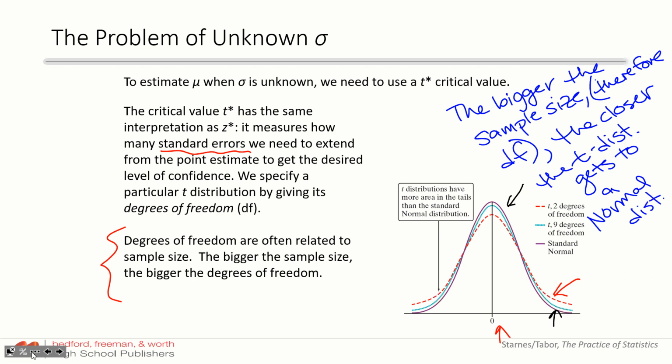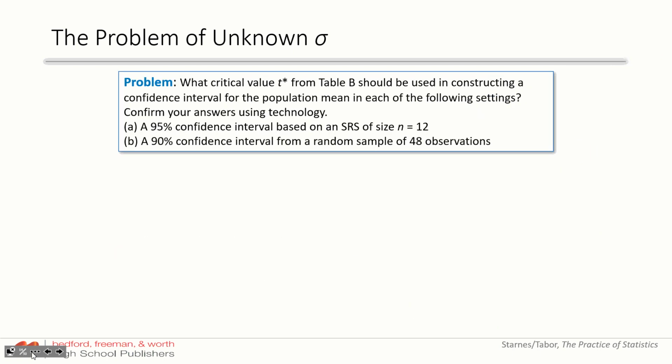And as the degrees of freedom get bigger and bigger and really big, your T distribution essentially becomes your normal distribution. All right, so that's a little bit about the T distribution.